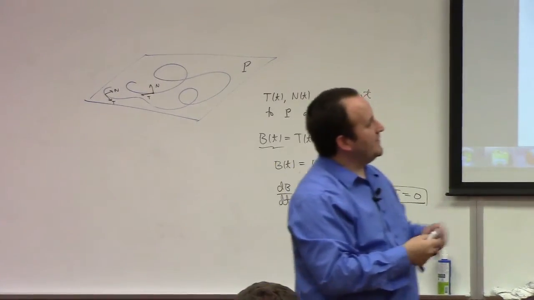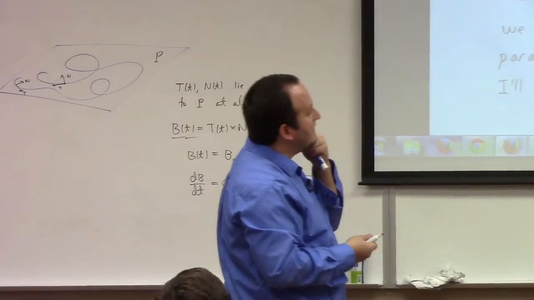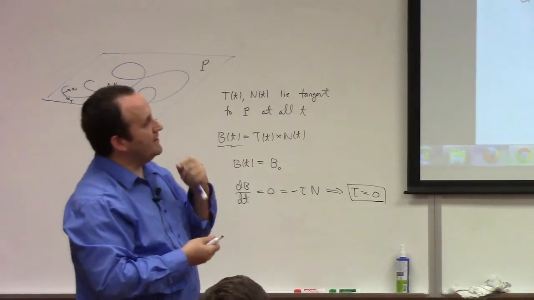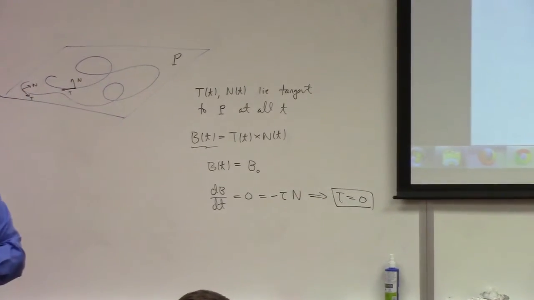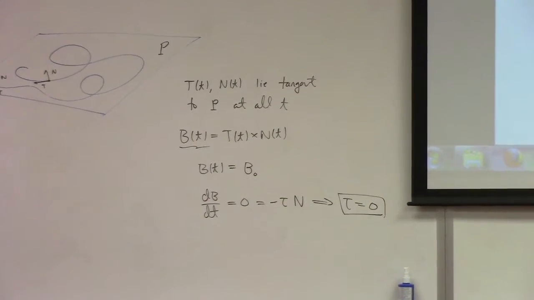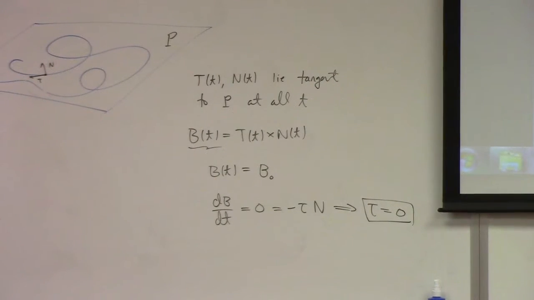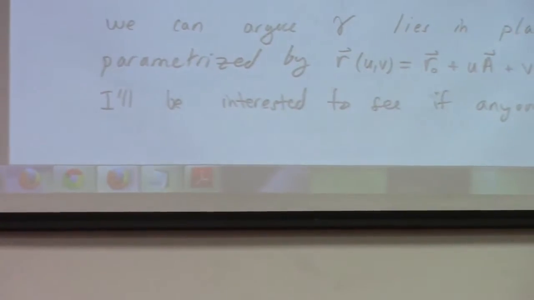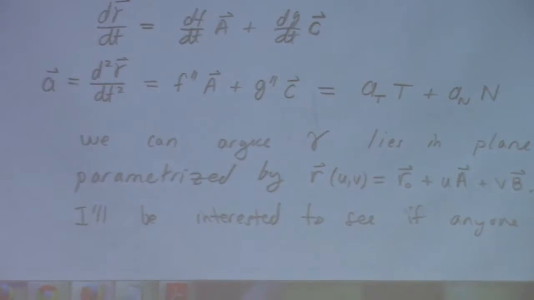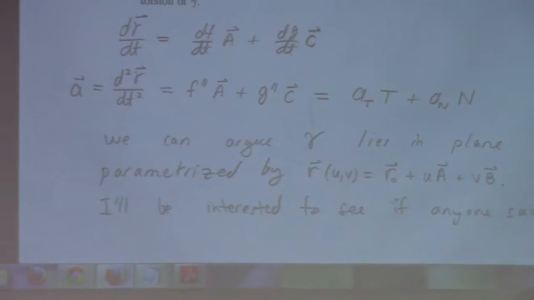So my observation about this curve would be that there's no way it can pick up any kind of element except in the A and the C directions, right? So my observation for this formula is that it lies in the plane which has the vectors A and C as tangent.